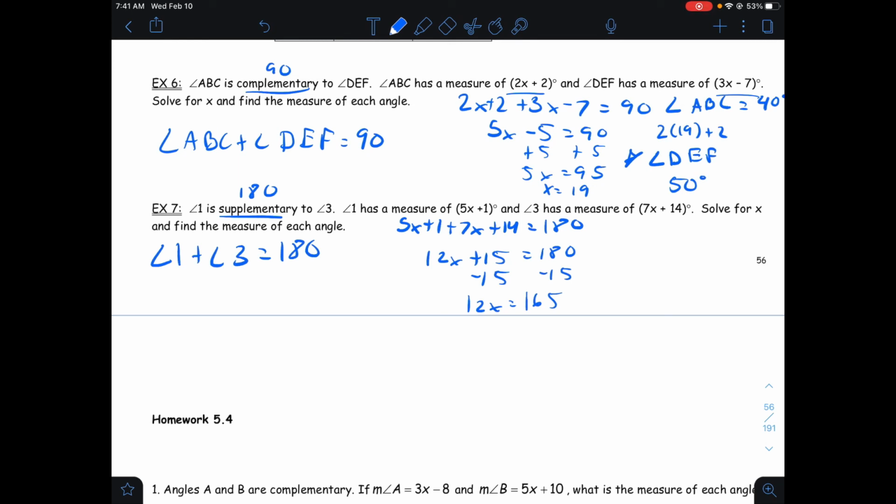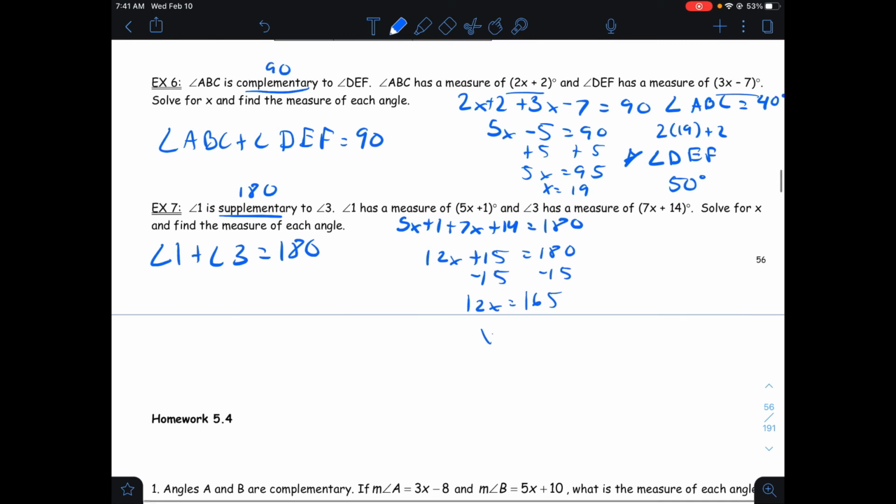165 divided by 12. That still is disgusting. What the heck? Maybe we just get a gross answer for this. Because I got x is 13.75. Let me just double check that I didn't mess something up here.